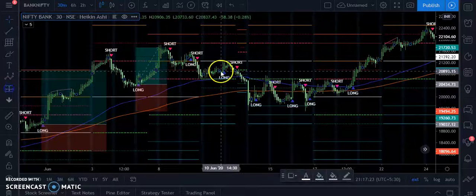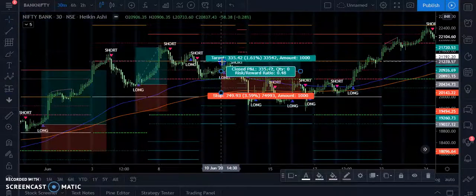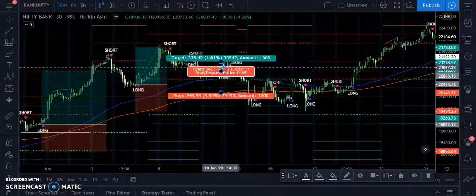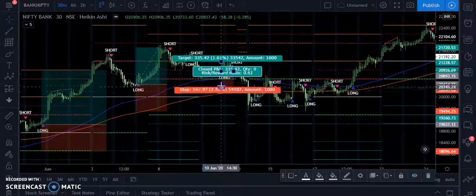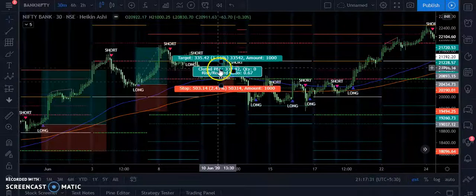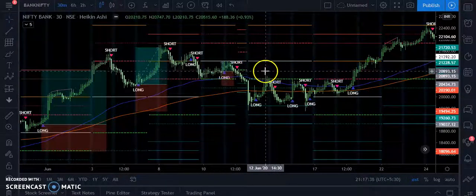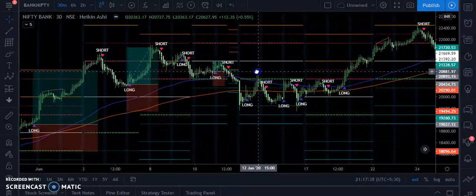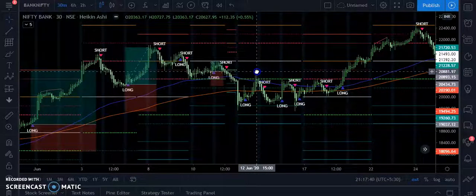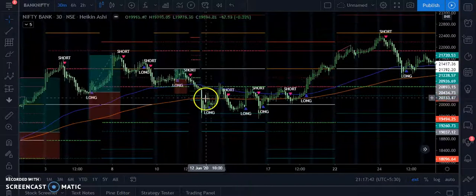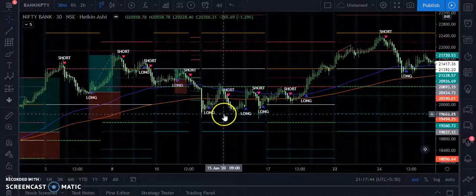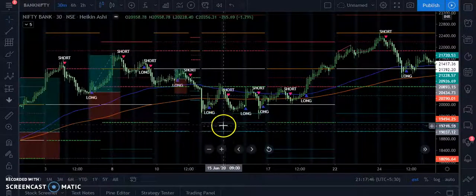So if you had used a proper risk to reward ratio and proper take profit level, you would have made profit here also. So there is no chance that you will be losing position.